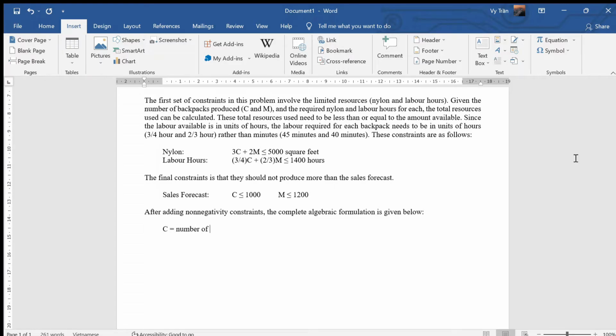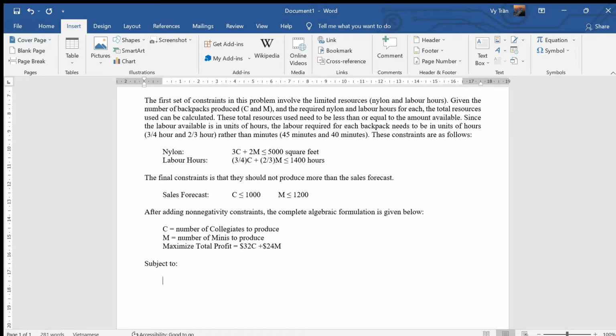We have C, the number of collegiates to produce, and M, the number of minis to produce, and the last one, we have maximize total profit equal to $32C plus $24M.